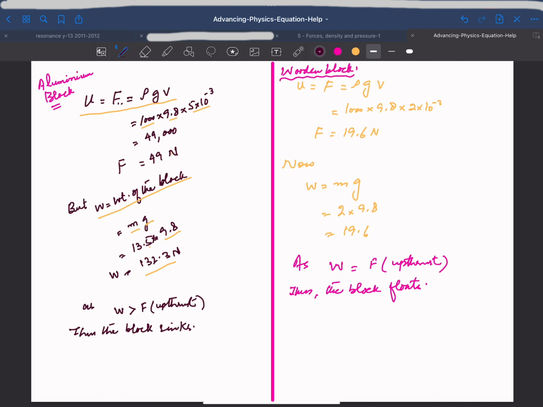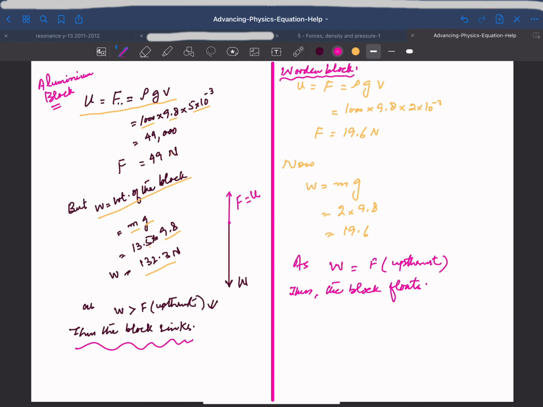So as you can see, the weight of the block in this case is greater than the upthrust. Here we have the weight which is greater in magnitude, and the upthrust which is lesser in magnitude. So the simple thing is that the block will sink. So this is the situation over here.